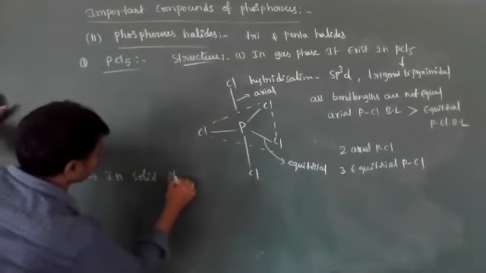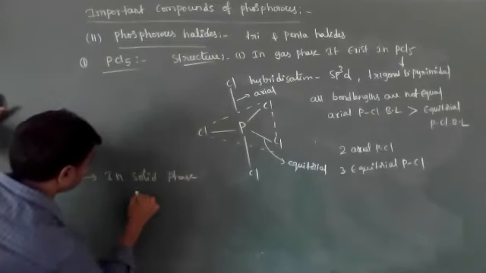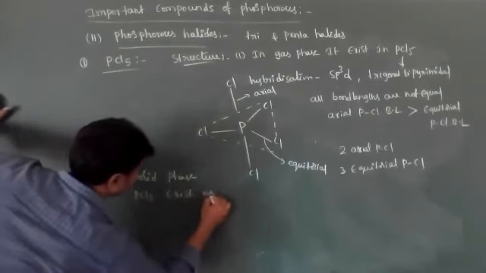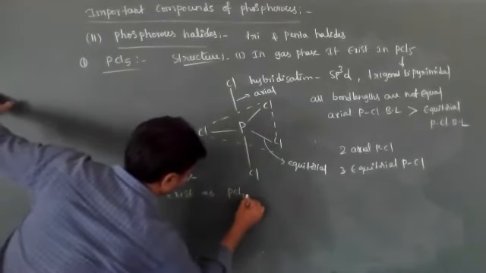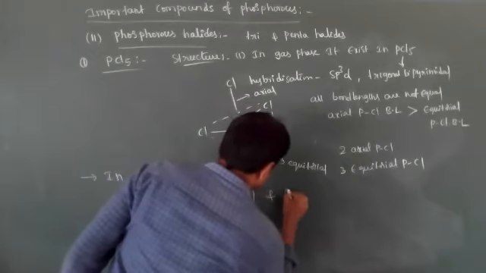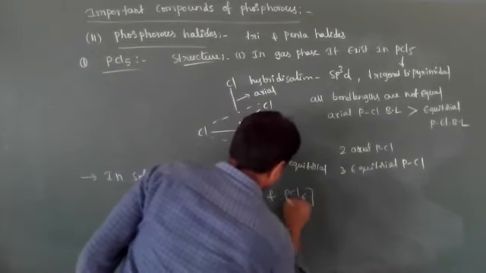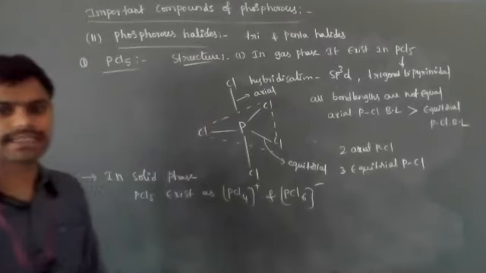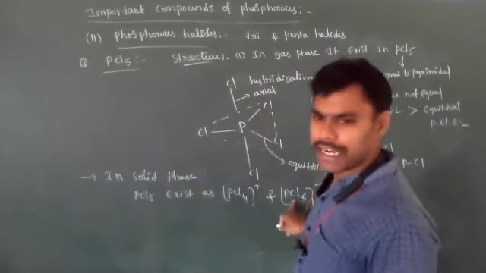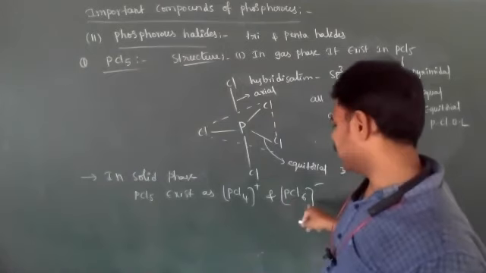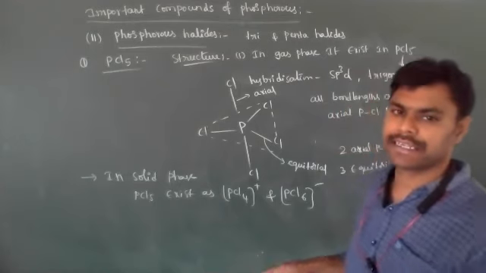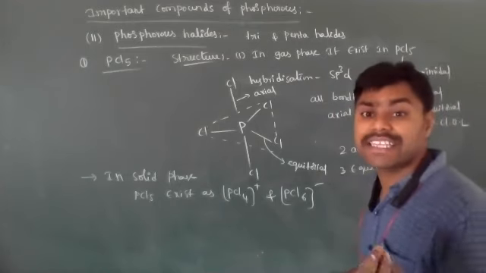In solid phase, PCl5 exists as PCl4+ and PCl6-. Phosphorus maximum covalency is 6, meaning it can combine with 6 chlorine atoms, because it has vacant d orbitals, and PCl5 acts as a Lewis acid.